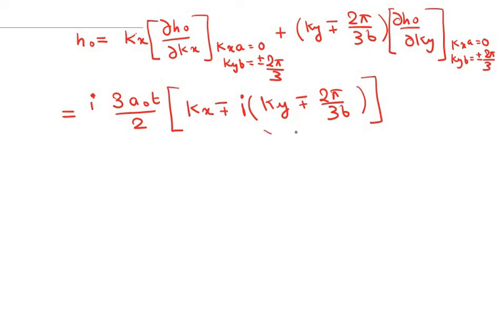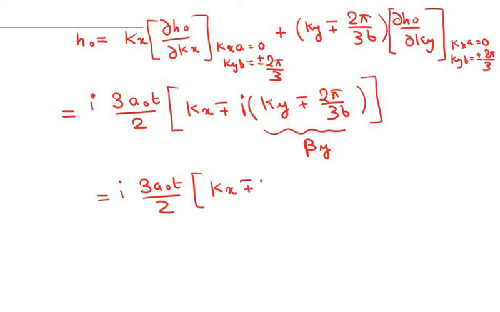Okay, and we call this part beta y, so i 3a0t divided by 2 kx minus plus i beta y. So this is the approximation of H0 around the point kxa equal to 0 and kyb equal to 2 pi by 3.